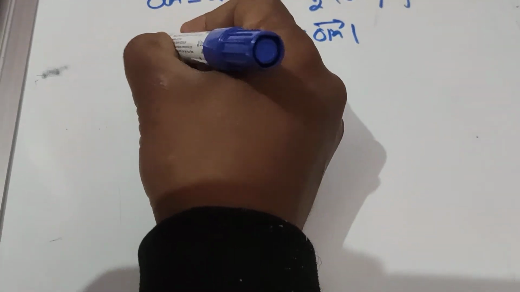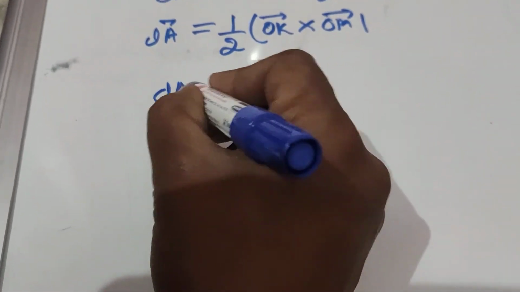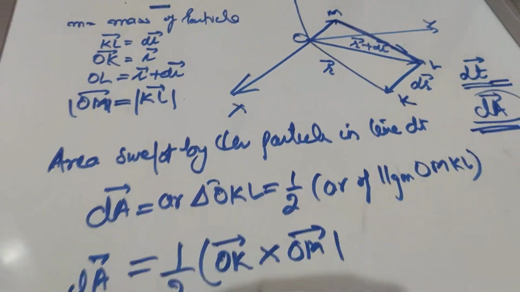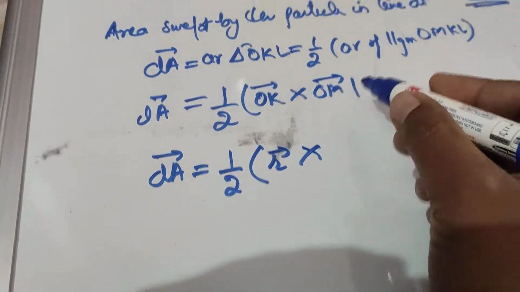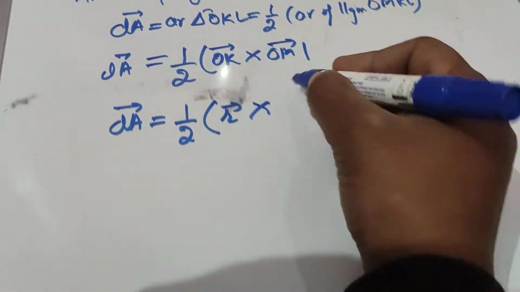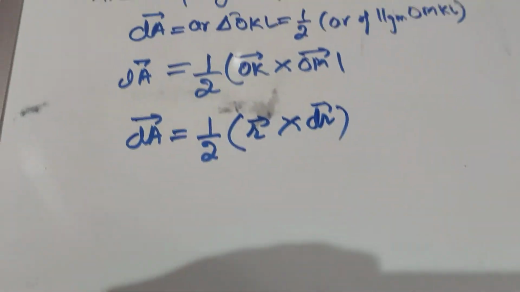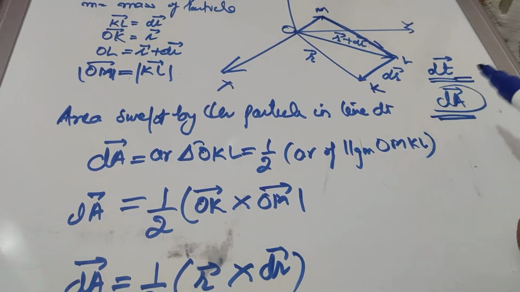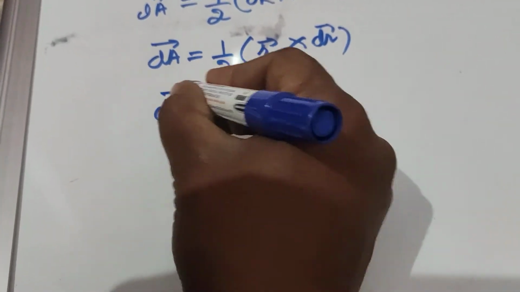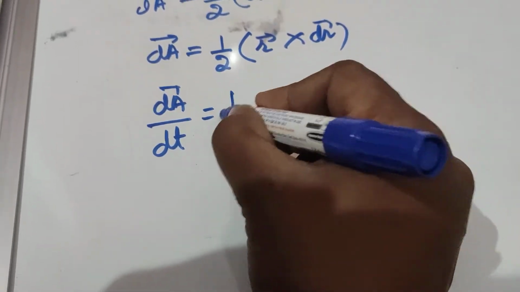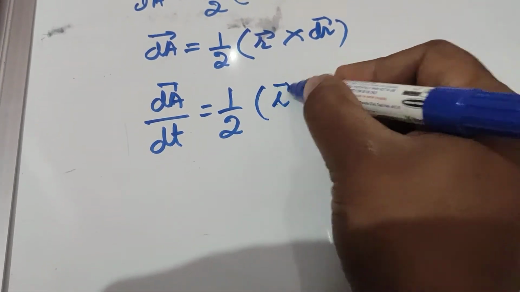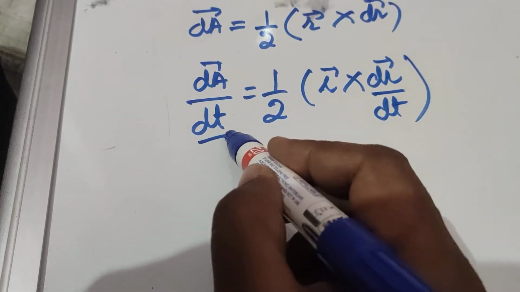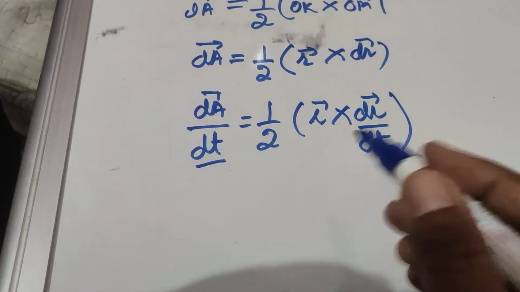So your area is dA and dA is equal to half, and here OK is equal to r position vector, OM is equal to KL, and we can write dr. So area swept out by this triangle in time dt. So if we can find out dA by dt, we can write half r into dr by dt. dA upon dt, there is also dr upon dt.